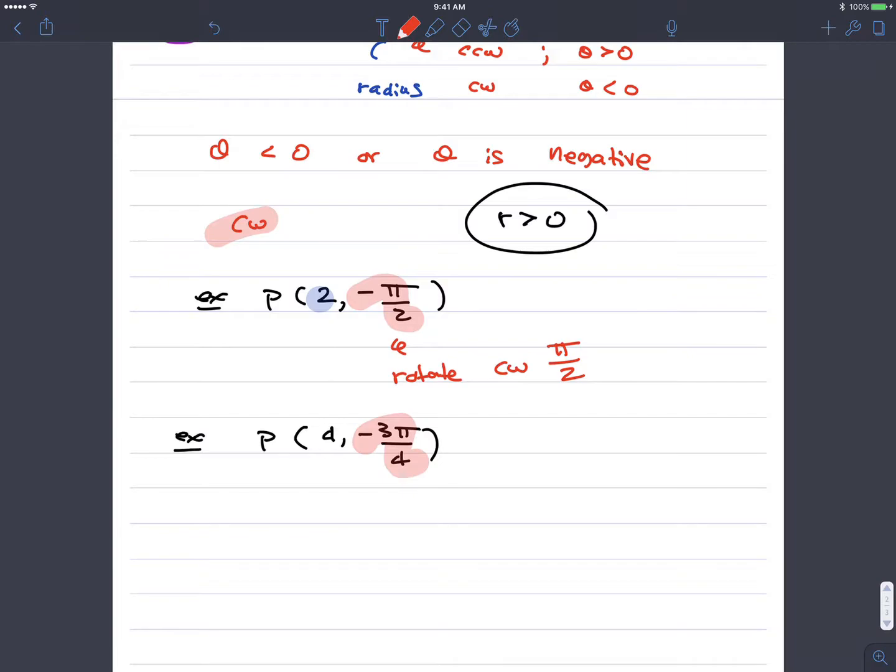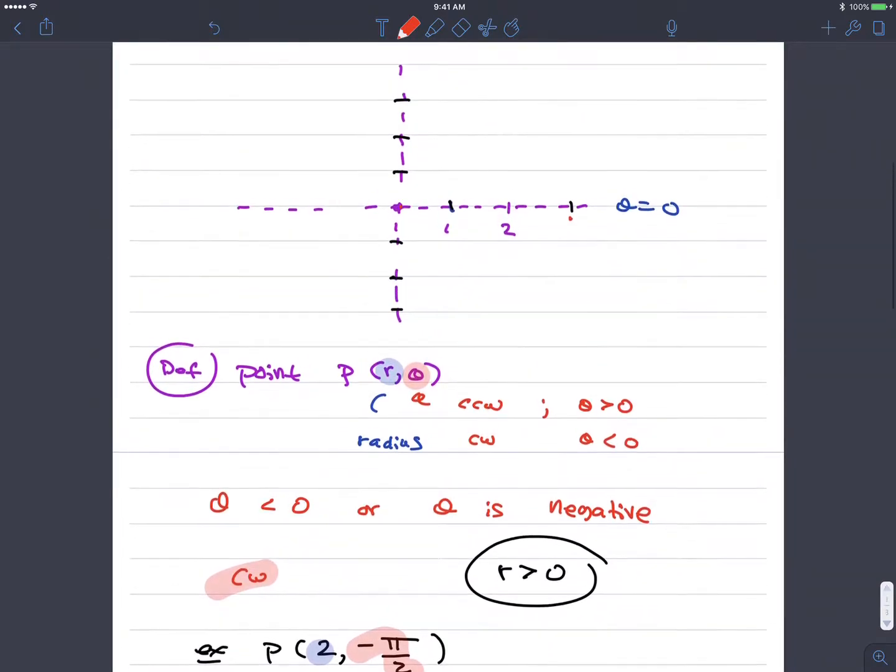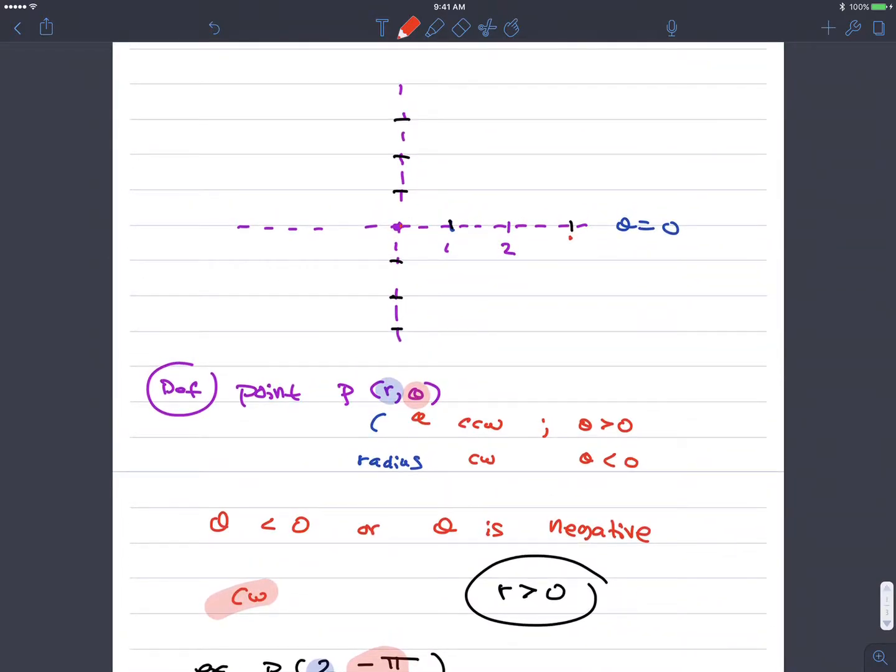We could do it a couple of ways. Here's one way. Do you know what negative π over 4 is? It's something like this, negative 45 degrees. If I go this way, this is negative 1π over 4, this is negative 2π over 4, and this is where negative 3π over 4 would be.